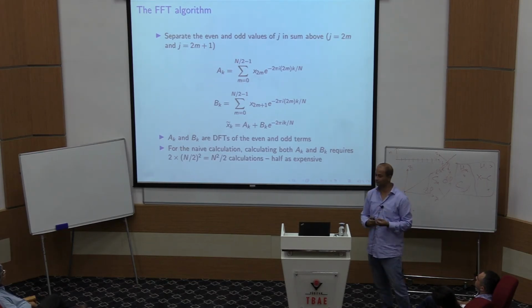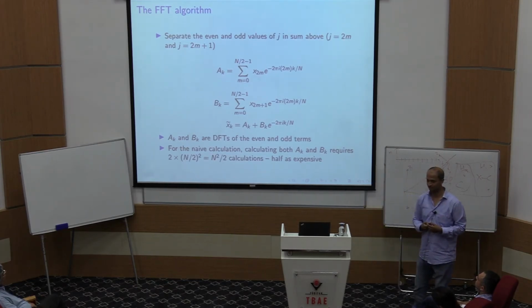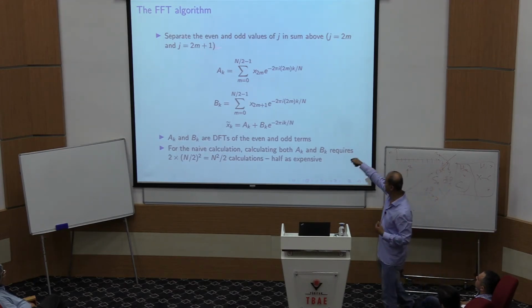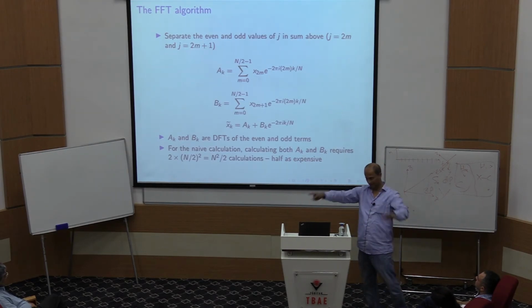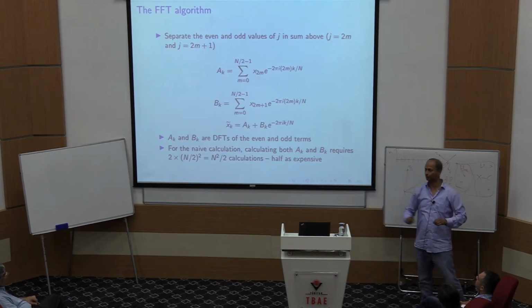So you already gained a factor of 2 in this. And you can go further, right? I break this up into even and odd pieces after relabeling suitably, and I break this one as well. And you keep on doing that till you're just left with 2 at the end.